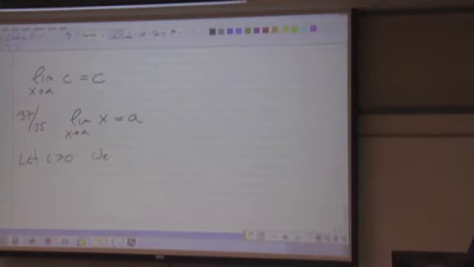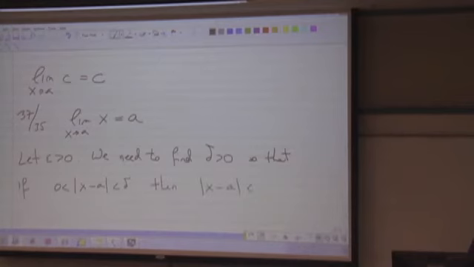We need to find delta bigger than 0, so that if 0 is strictly less than the absolute value of x minus a, which is less than delta, then the absolute value of x minus a is less than epsilon.